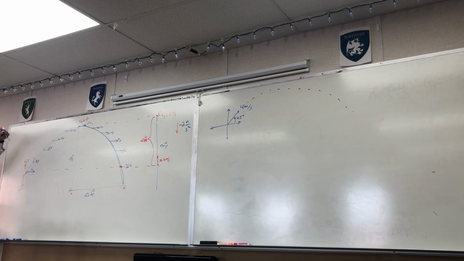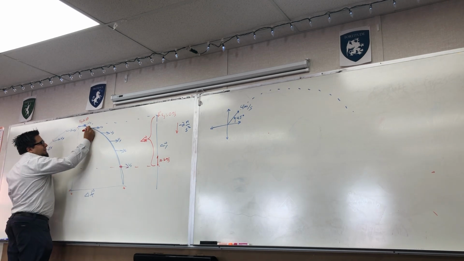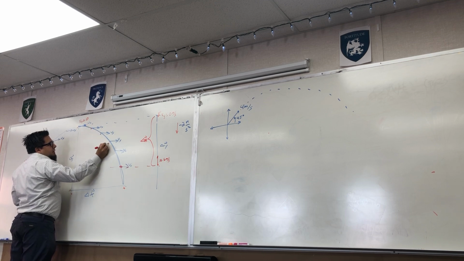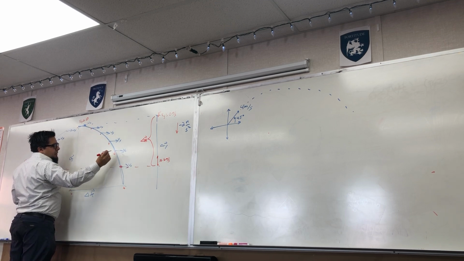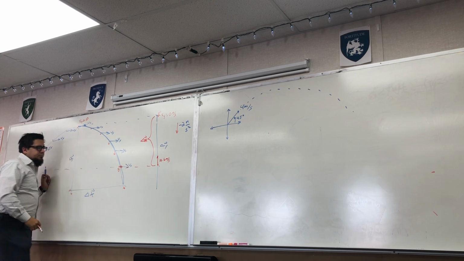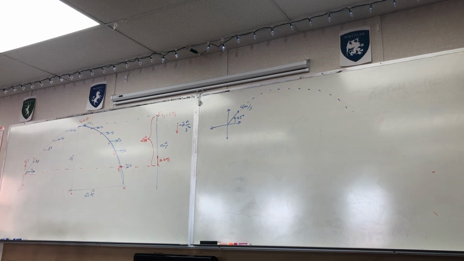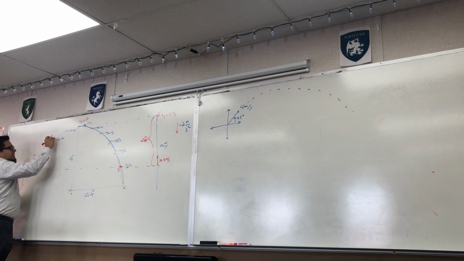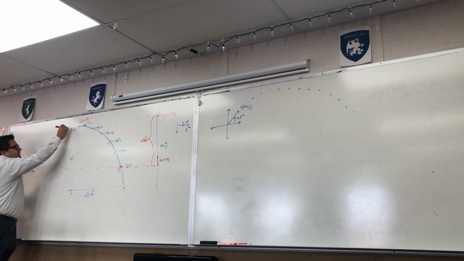It completely switches directions and becomes traveling down, a little bit bigger, a little bit bigger, until it's caught. So you see how y behaves very differently from x. The velocity in the y direction is constantly changing.